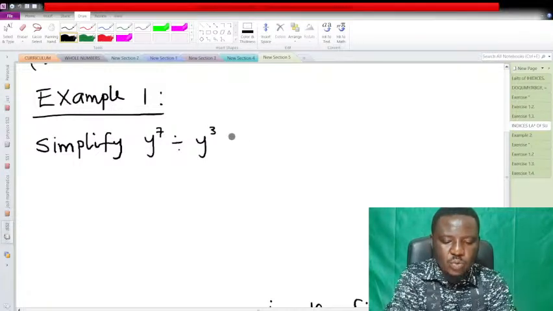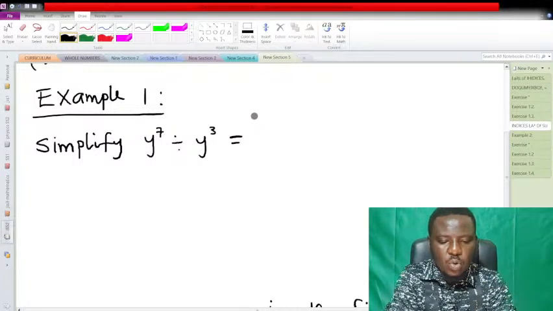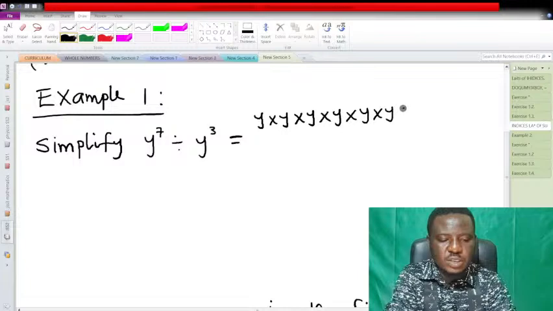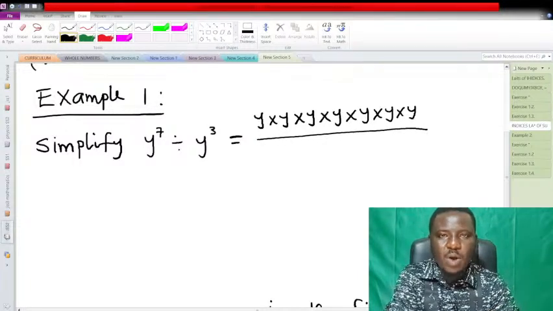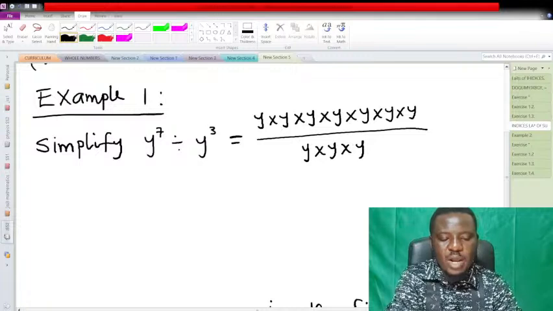We all know that y raised to the power of 7 can be expressed as y times y times y, 3, 4, 5, 6, and 7, divided by y raised to the power of 3, which can be expressed as y times y times y.